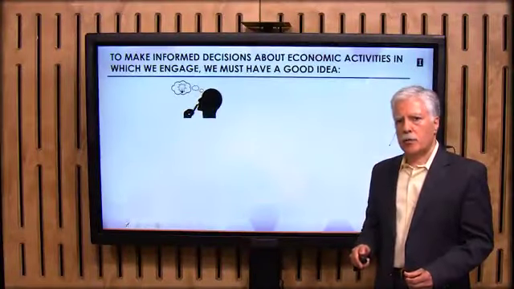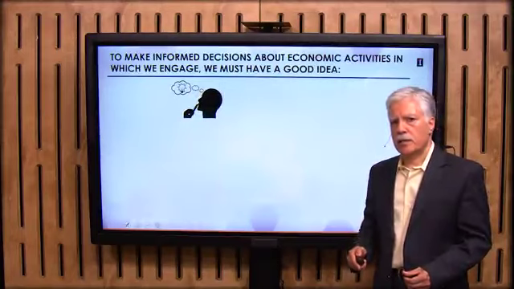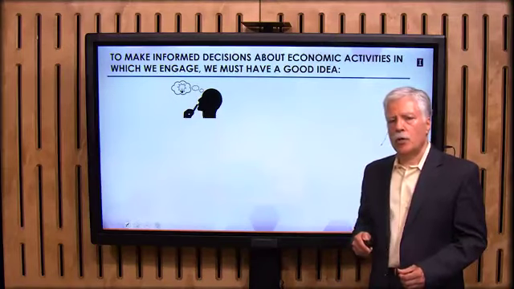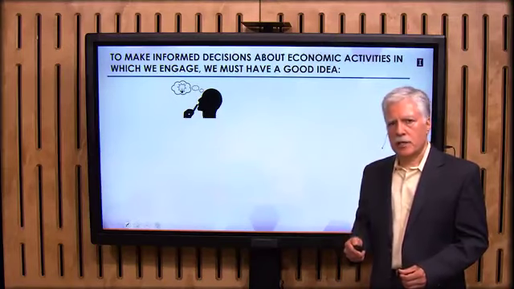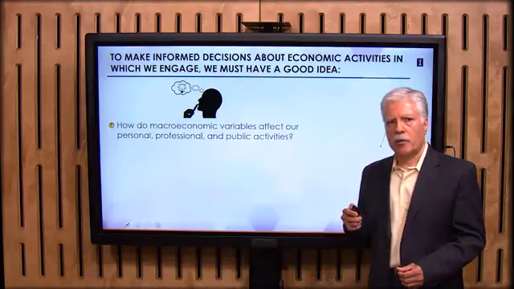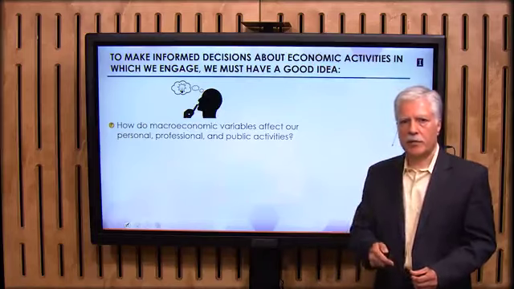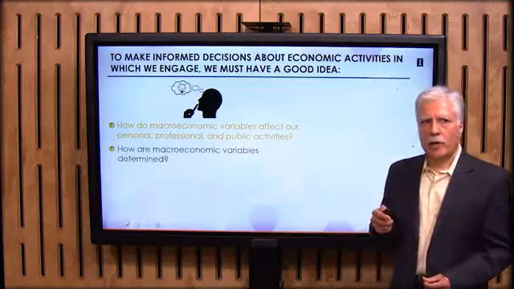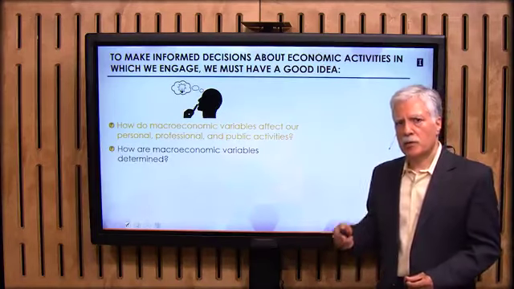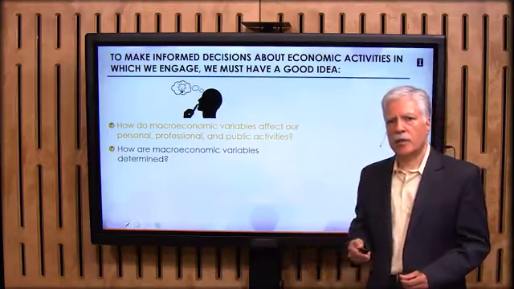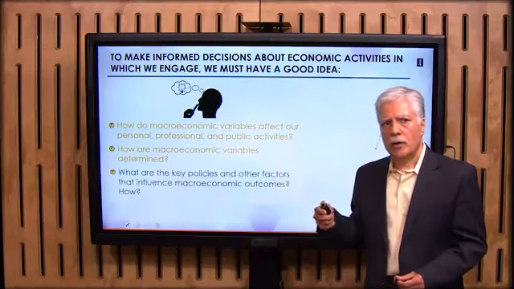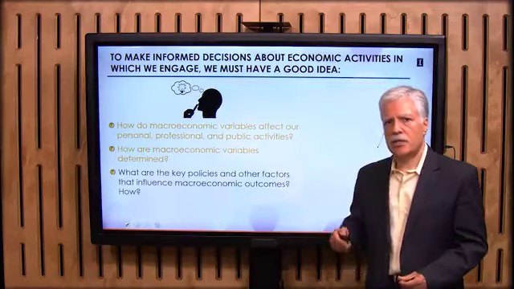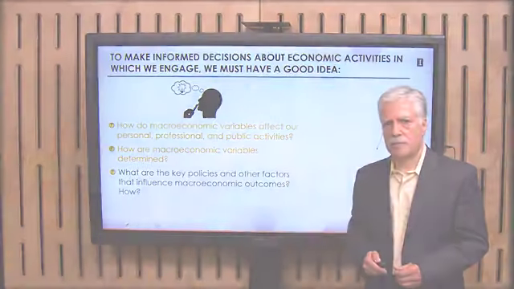The purpose of this course is to help you make better decisions in your personal, professional, and public lives. To be able to make better decisions, you need to be informed about how macroeconomic variables affect what you want to do. You want to know also how macroeconomic variables are determined so you can predict them, understand where they're going, and also you want to understand what the key policies and other factors are that shape macroeconomic variables.